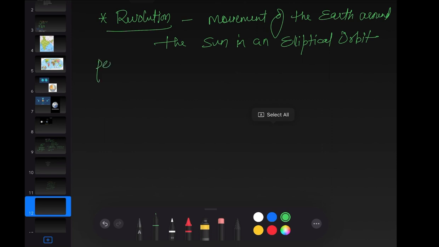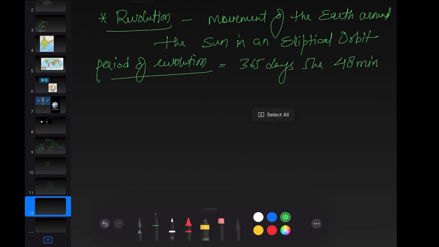Period of revolution, as you all know, is 365 days, 5 hours and 48 minutes. And in a leap year it is 366 days because of this extra time, right?